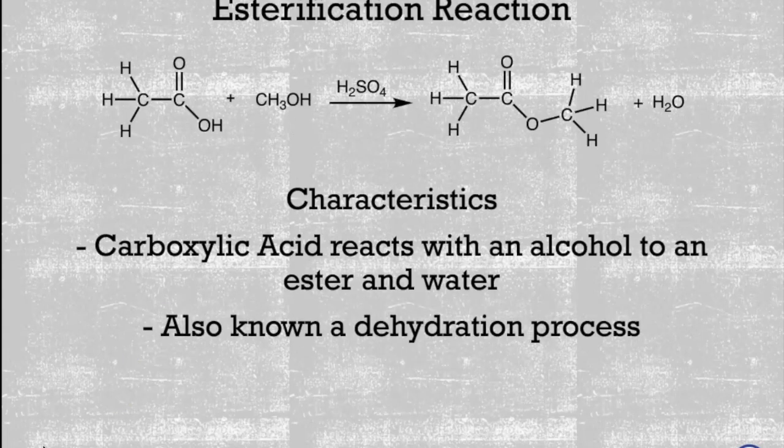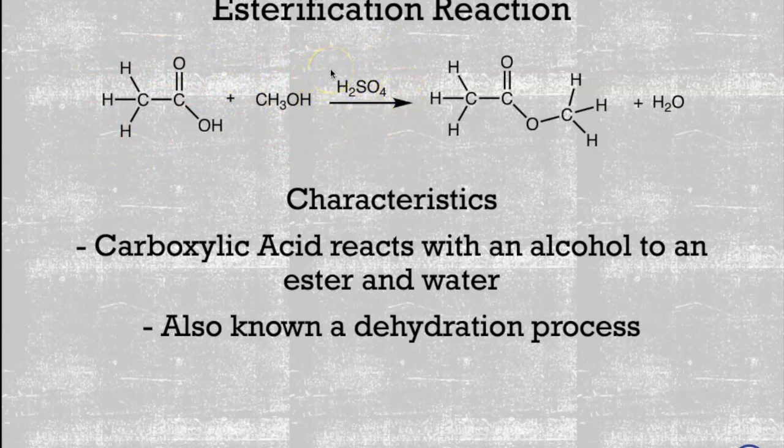Another type of organic reaction is the so-called esterification reaction. The esterification reaction has a number of important characteristics. This particular reaction is very important in biological systems, where a carboxylic acid, shown here, reacts with an alcohol in the presence of typically an acid such as sulfuric acid.